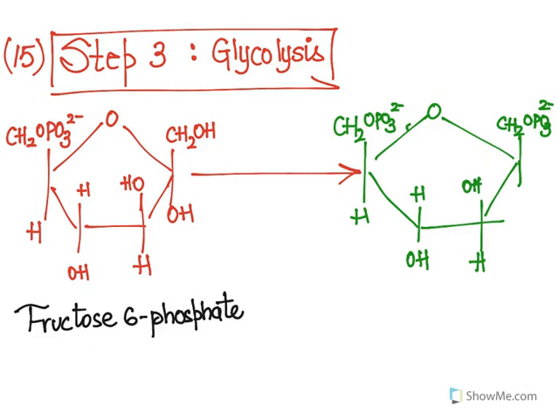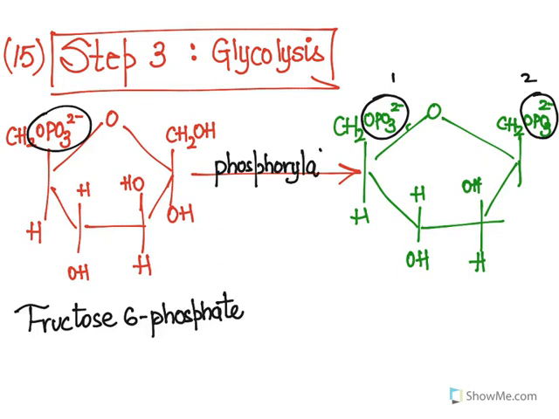And then basically what is happening here? You can see that we had one phosphate group, but after this reaction, we are ending up with 2 phosphate groups. So the name will change accordingly, but it is still fructose. So the process is phosphorylation because another phosphate group is added.